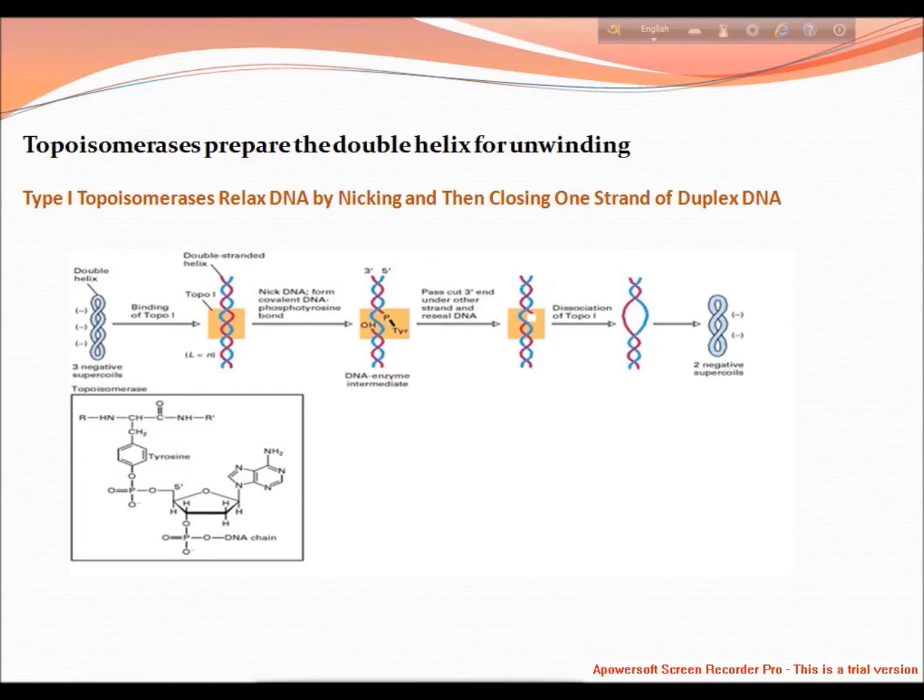In order to prevent and correct these types of topological problems caused by the double helix, topoisomerases bind to either single-stranded or double-stranded DNA and cut the phosphate backbone of the DNA. This intermediate break allows the DNA to be untangled or unwound, and at the end of this process, the DNA backbone is resealed again.